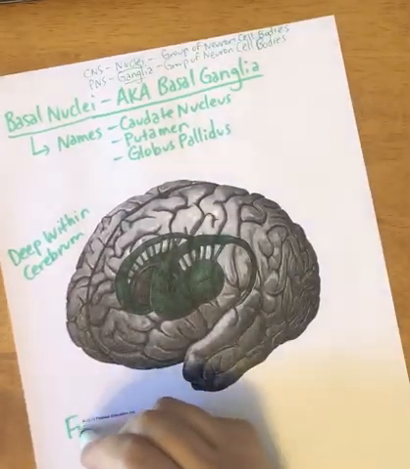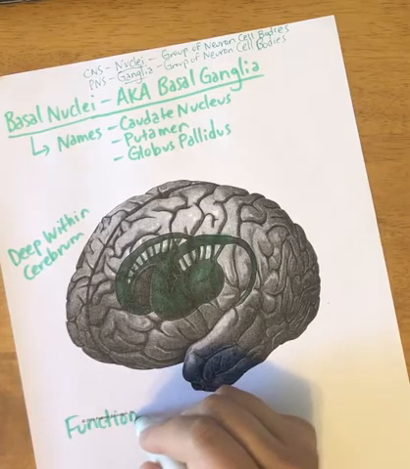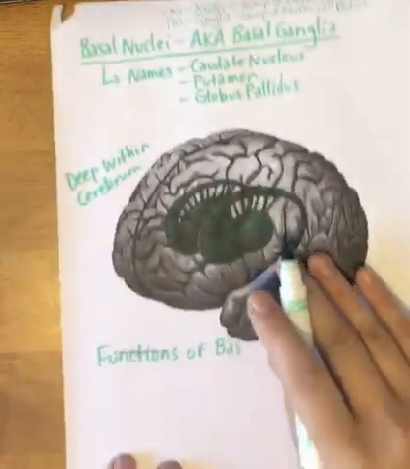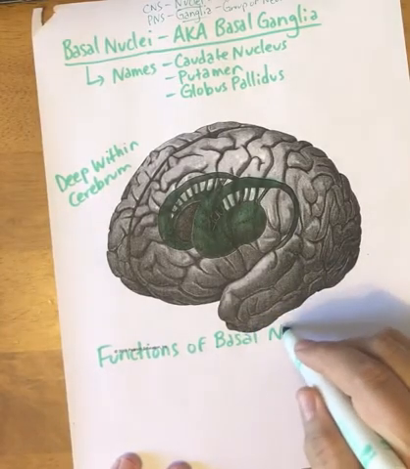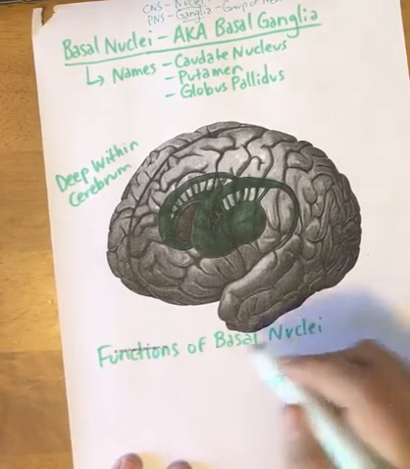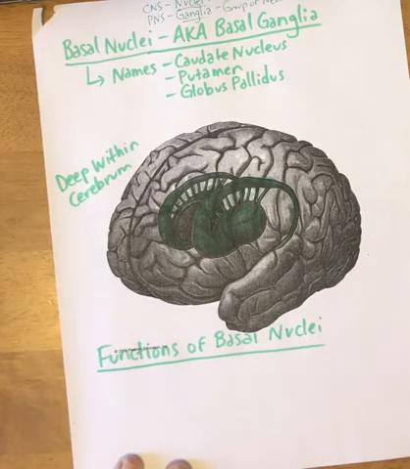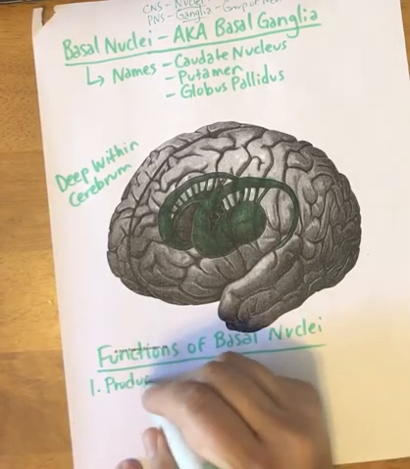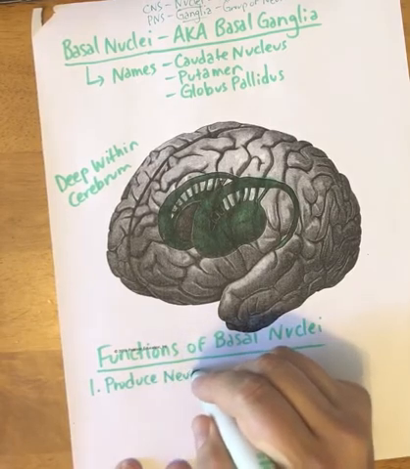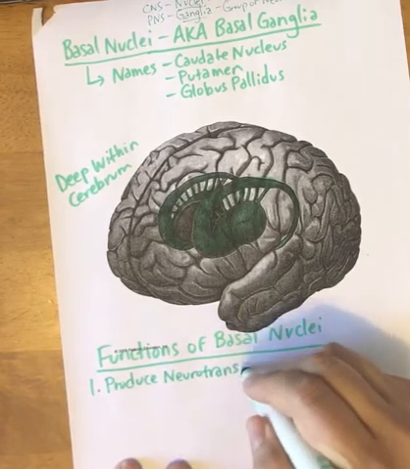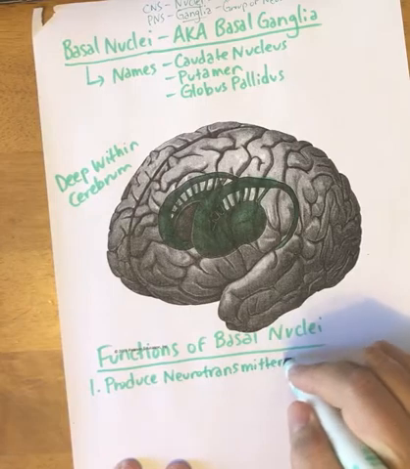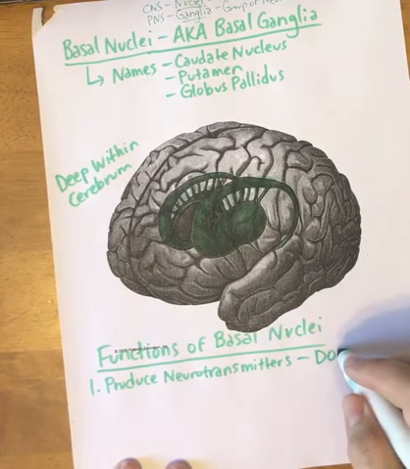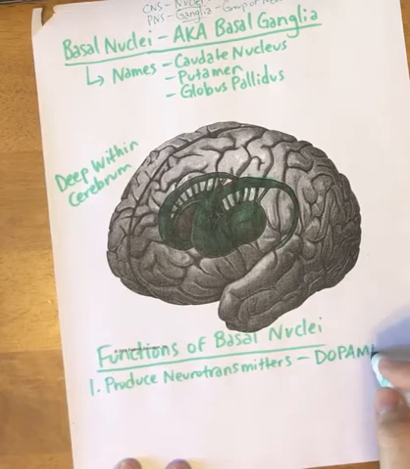Now, functions. You really want to have good basal nuclei. The first thing that they do is they produce neurotransmitters, the most important one being dopamine.